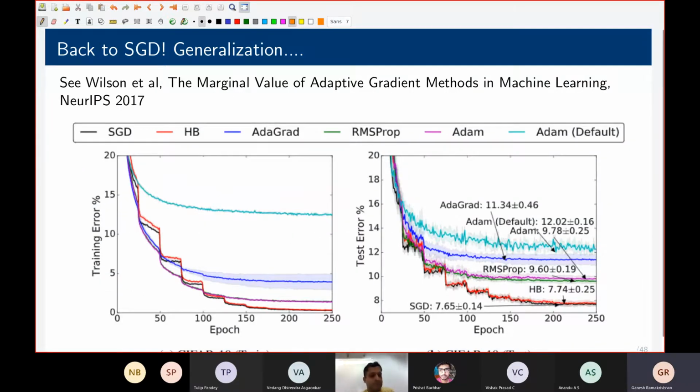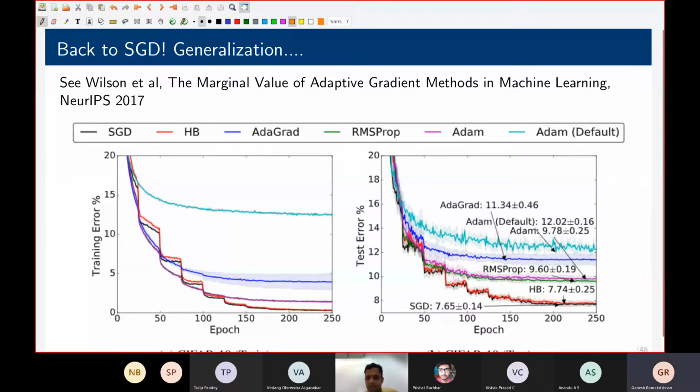This is from the paper, The Marginal Value of Adaptive Gradient Methods in Machine Learning. Look at Adam, which has somewhat more complex updates. There are two variants of Adam, one with a fix, which I talked about earlier, so that Vt never goes negative. This was their observation.